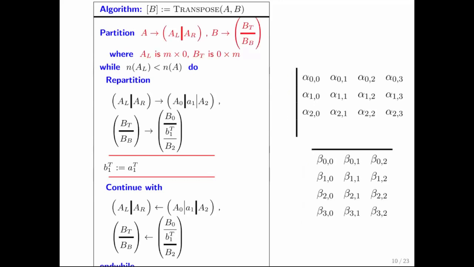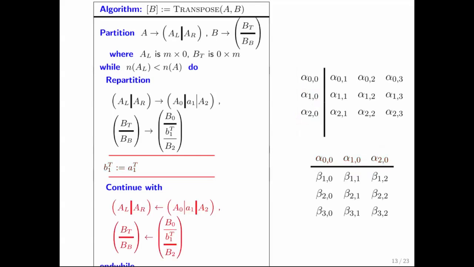In our algorithm, we start by partitioning A vertically and B horizontally, where A left has no columns and B top has no rows. Then we expose the next column of A and the next row of B, and we copy the entries from the column of A into the row of B. So notice that the column of A is transposed into the row of B. Okay, this entry here came from here. This entry here goes there, etc.